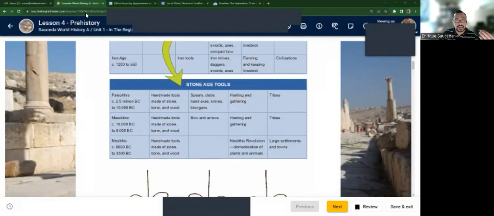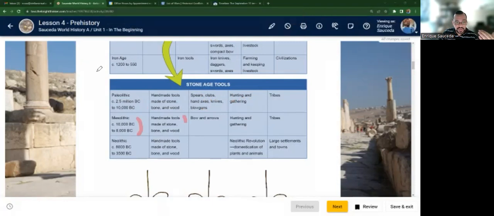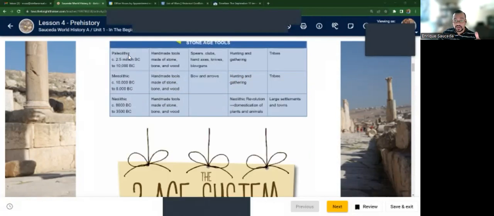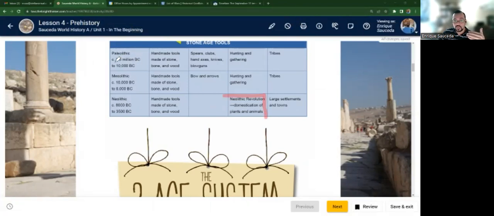As we enter the Mesolithic period, we have more handmade tools, but they develop bows and arrows, so we have ranged hunting. And then the Neolithic period is when we have what is known as the Neolithic Revolution. The importance here is the domestication of animals: cows, pigs, and sheep, right?